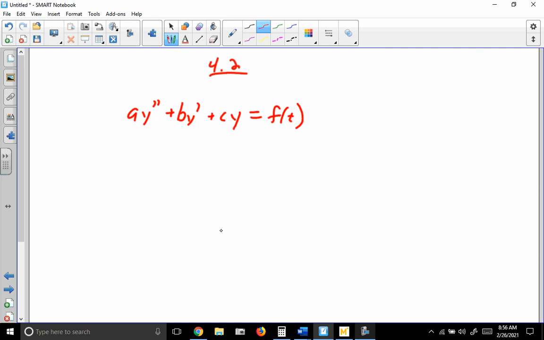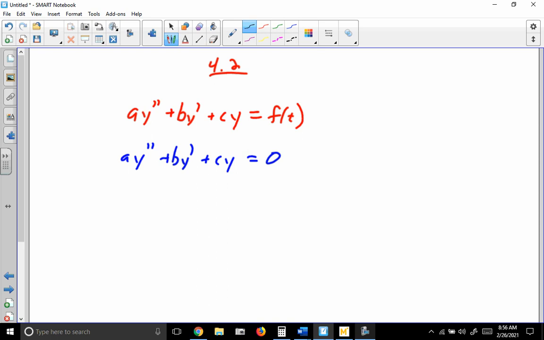And in this section, we're going to be looking specifically at when our second order differential equation is equal to 0. So we could have our function to the second derivative, our function of the first derivative, our function, and then we could have some function of our independent variable on the other side. But in this section, that is going to be 0.